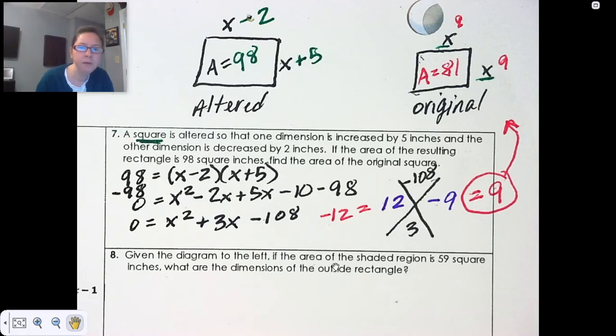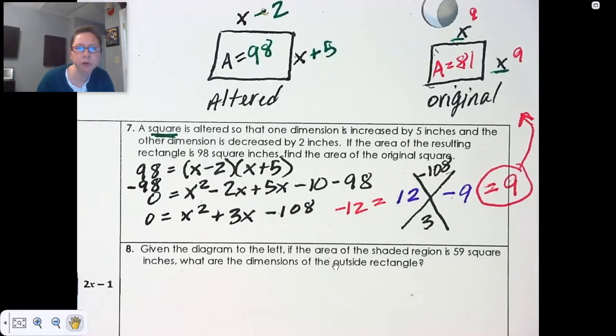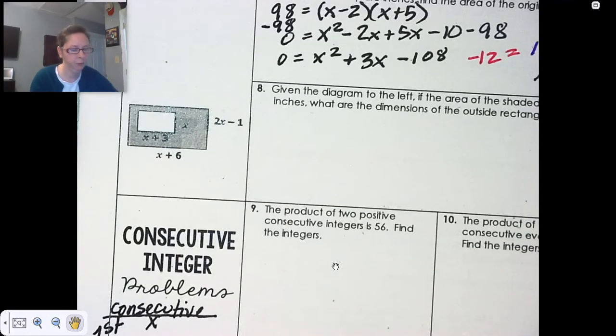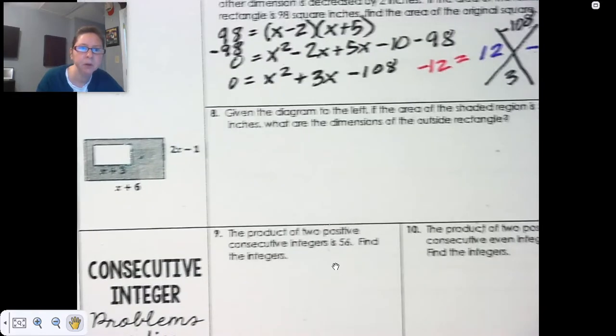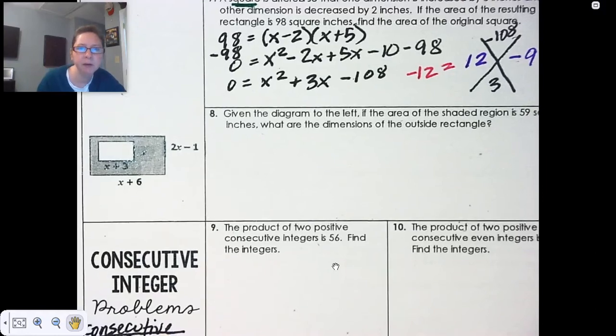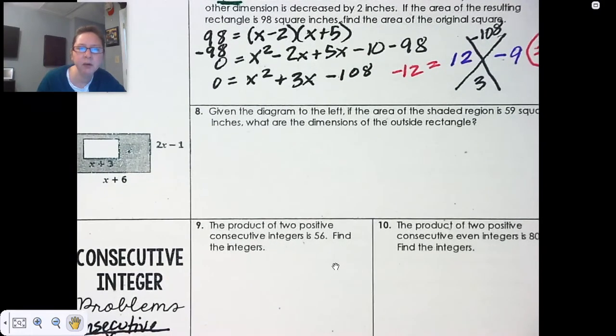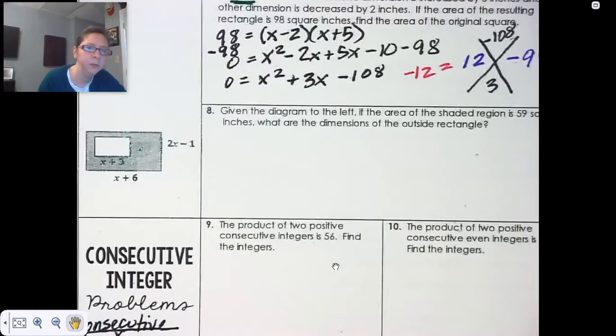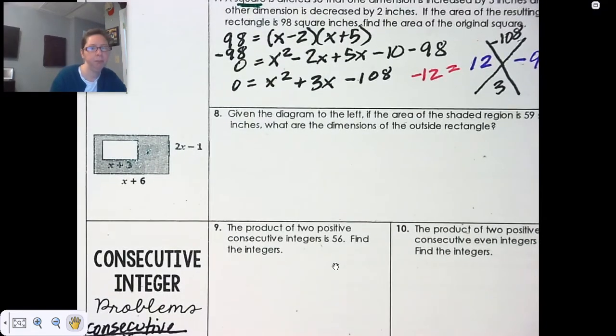Okay, we have one final example to do for today. We're going to save the consecutive integer problems for our next lesson. So for today, given the diagram to the left, if the area of the shaded region is 59 square inches, what are the dimensions of the outside rectangle? So we did one like this in class, but it did not have quadratics.